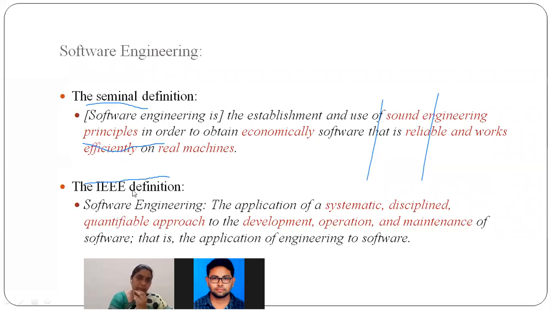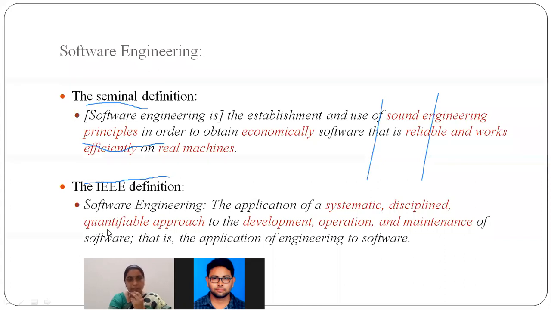What this IEEE definition tells us is that our aim is to develop a software. For developing that software, you need to follow a systematic approach, that is a structured approach, and a disciplined approach. Discipline in the sense of a repeatable, regular approach, and a quantifiable approach.